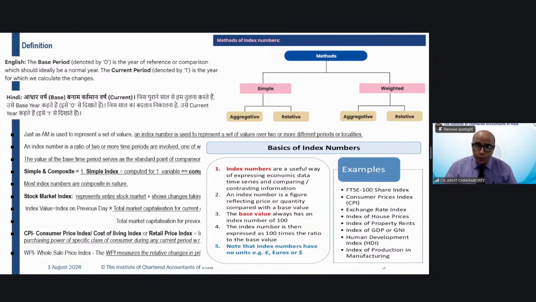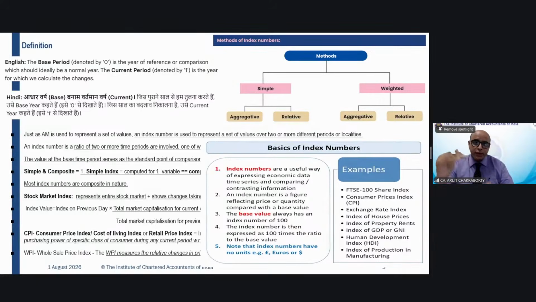Therefore, the base year, or the reference year, or the 0 year, as we call it, has an index number of 100. So if I say that the index number of a commodity in the base year is 100 and the index of the same commodity today is 150, that means the price of that commodity has increased by 50%, because the base year is 100 and today it is 150.